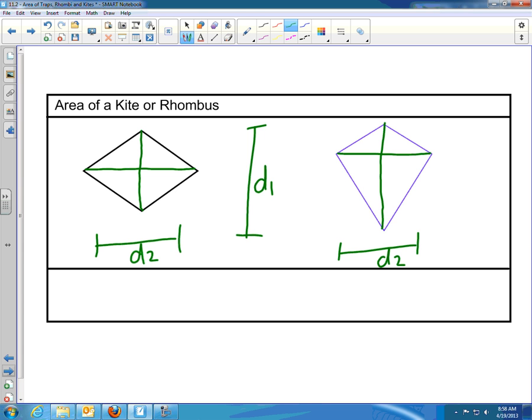And these two share the same formula, half. Now watch this one. It's diagonal 1 times diagonal 2, or we can switch that half into divide by 2. Diagonal 1 times diagonal 2, divide by 2. So that formula helps us with kites and rhombi.